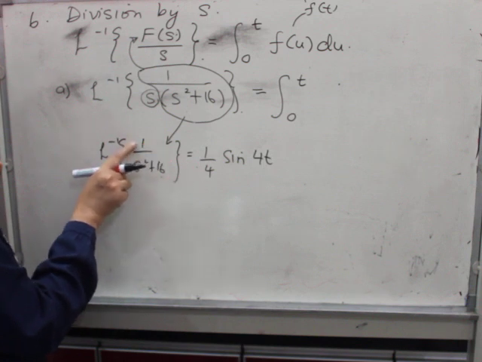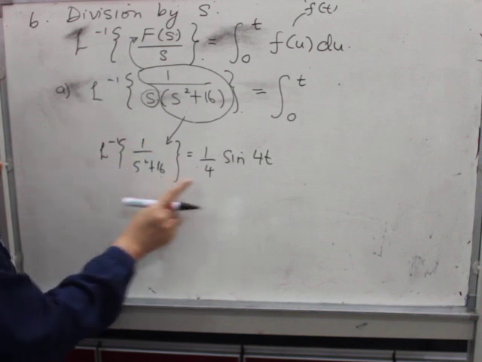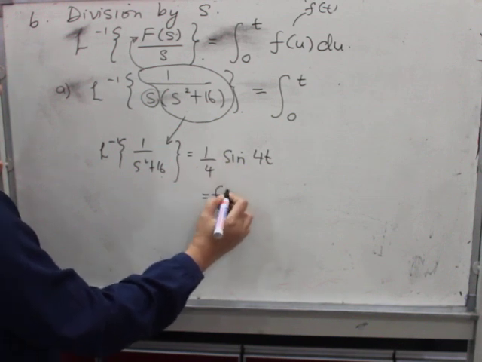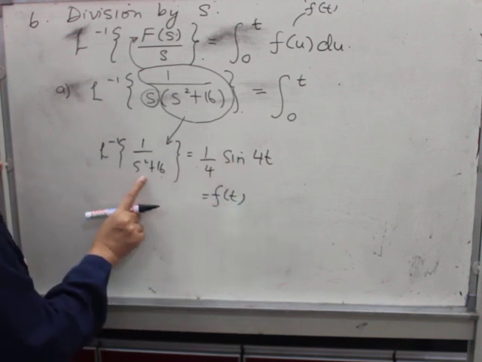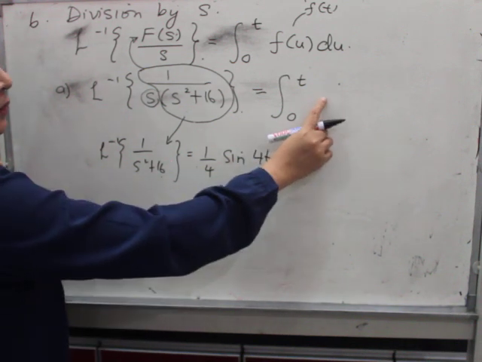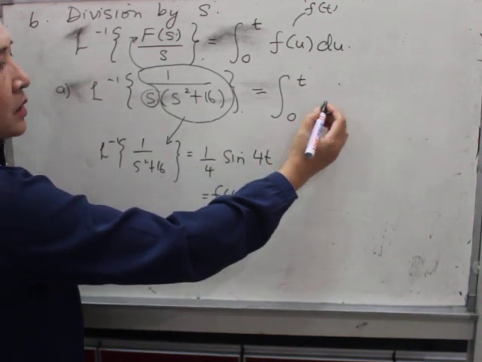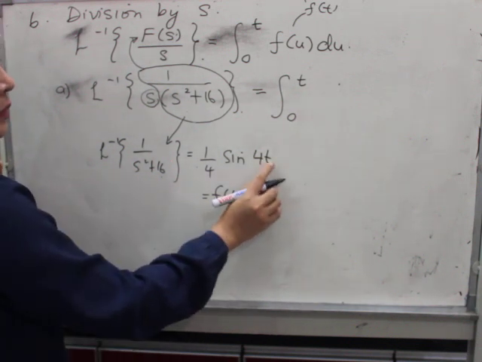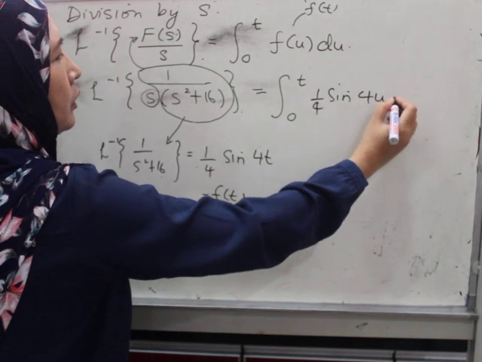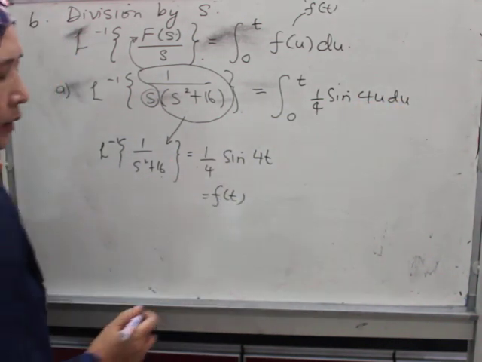The question does not have 4, so we have to divide by 4: 1 over 4 sine 4t. Okay, so this is your f(t), because we inversed F(s) just now. So this is to be put here. So t becomes u. So 1 over 4 sine 4u du.